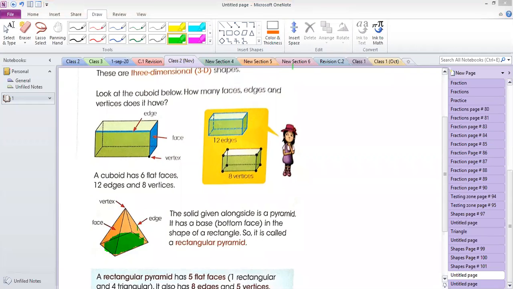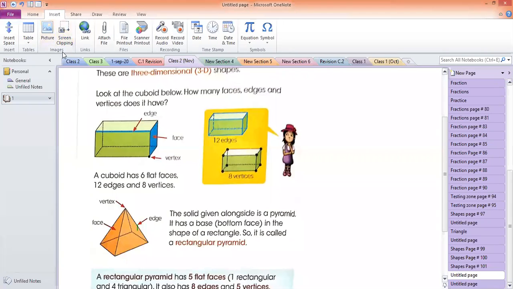Yes, very good. In that way it has 5 faces. When we talk about the edges, you can check the edges also. It has how many edges? 8 edges. I can show you.